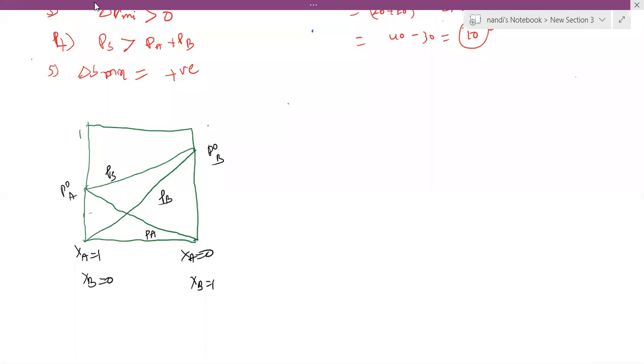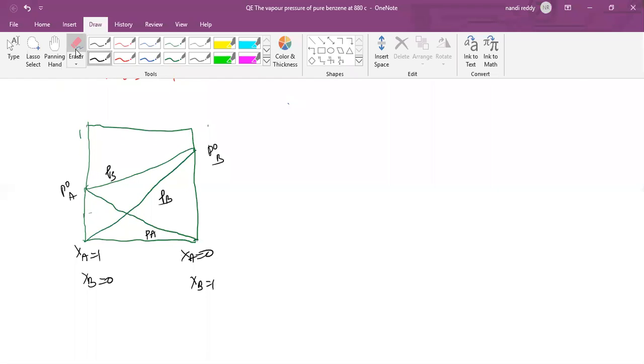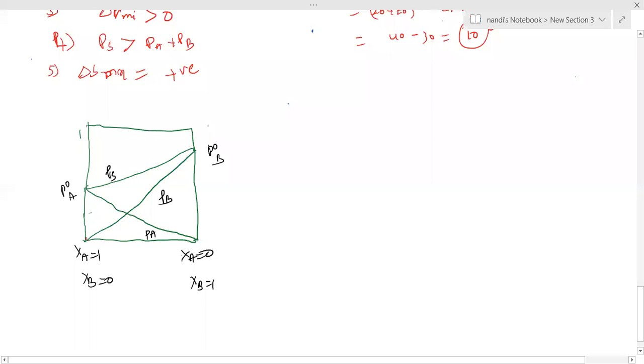But this is positive deviation. Positive deviation means we expect everything to be more than the expected value. This is the P B I am going to get. That's why the resultant value is more than P S. This is the actual experimental value, which is the thick line; the dotted line is the ideal case.